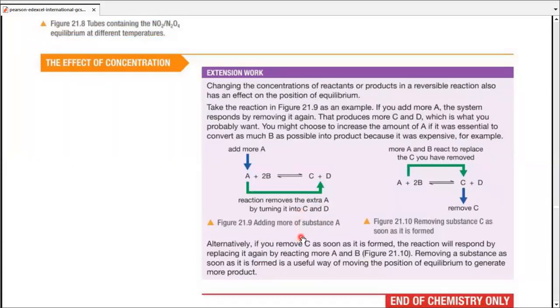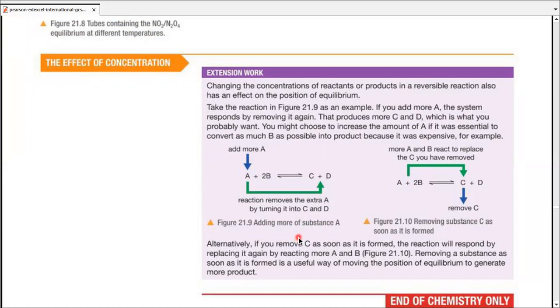Okay, so the effect of concentration, something that we still need to do. Changing the concentration of reactants or products in a reversible reaction also has an effect on the position of equilibrium. Remember, whatever kind of change you make, the system will behave like a naughty younger sibling.